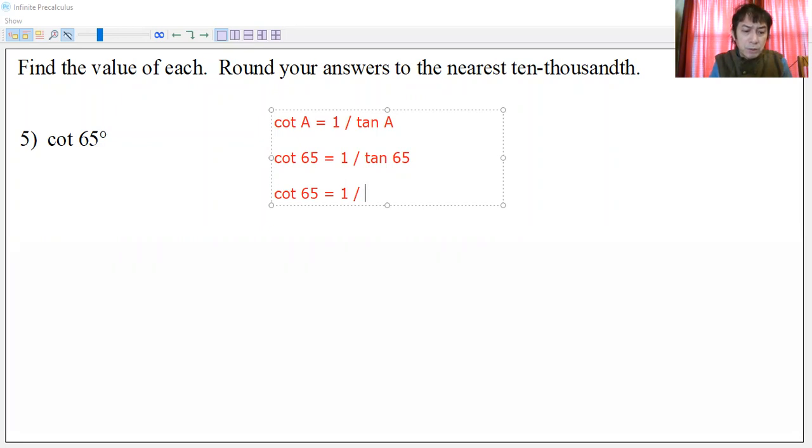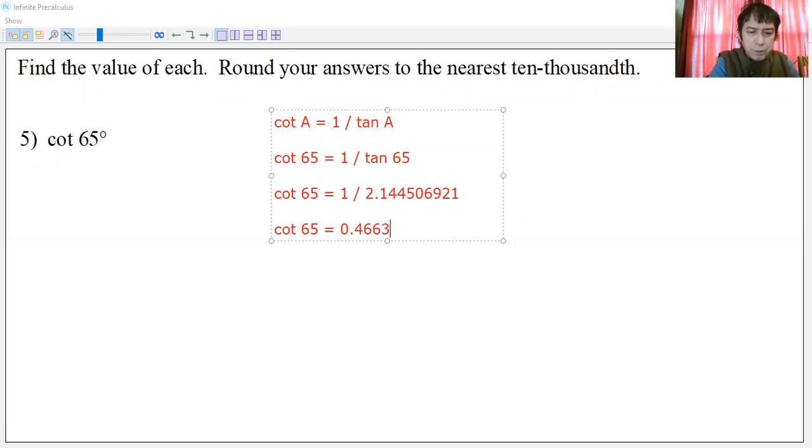Tangent of 65 is 2.144506921. And we have cotangent of 65 equivalent to 0.4663076582.